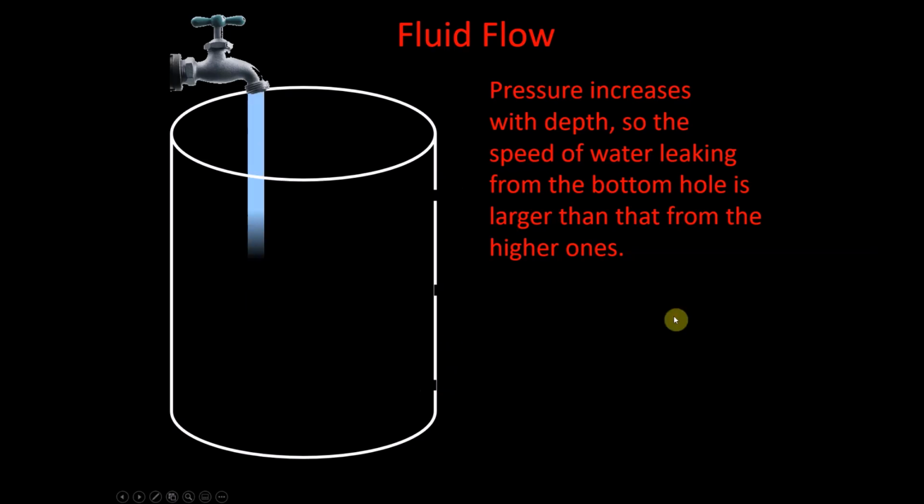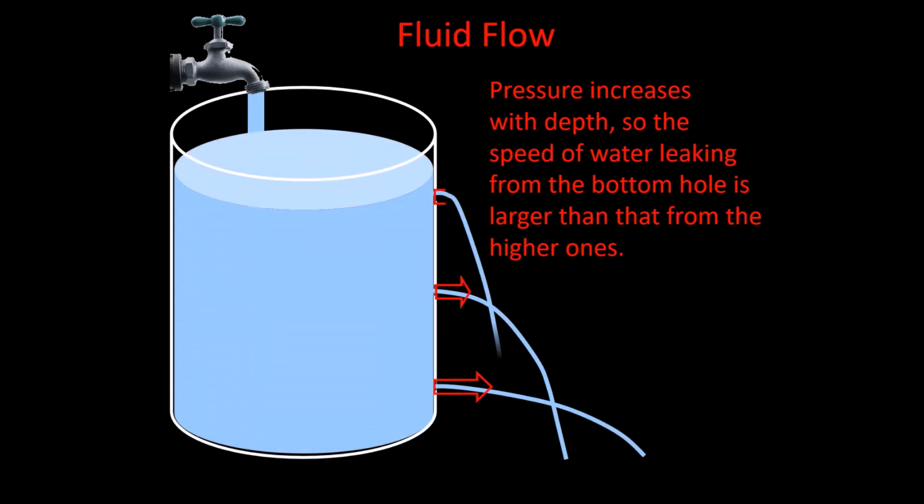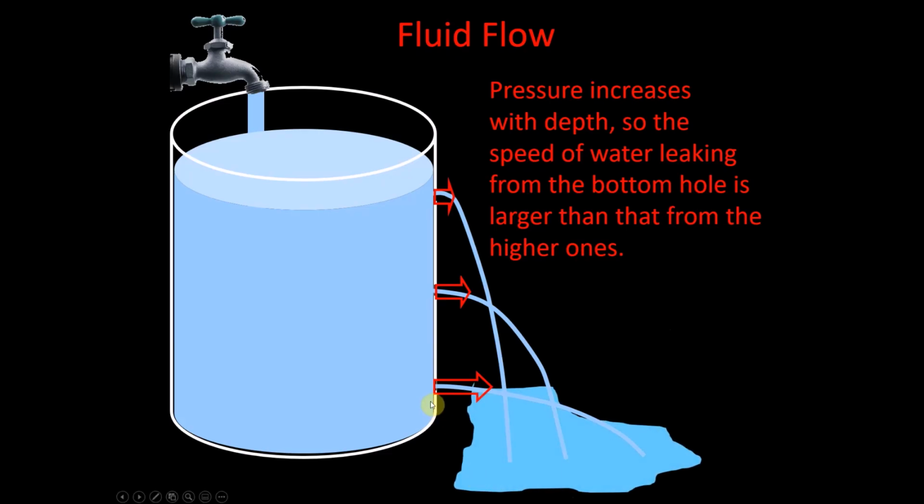Now, as we fill this container, water will build up in the container and then, of course, pour out of the holes. If we're to look at this situation, what will happen is the water here will come out at higher pressure than the water here, and this will be at higher pressure than here.